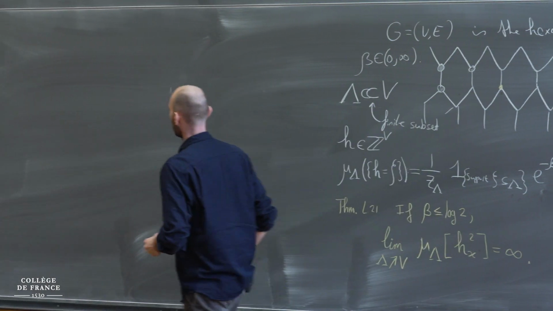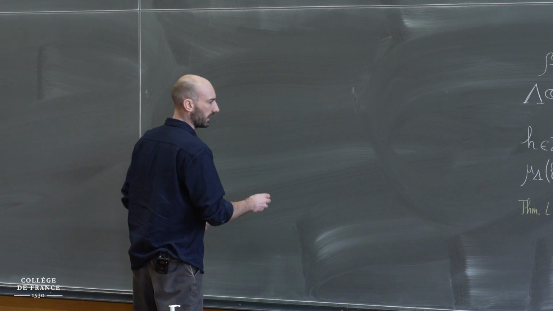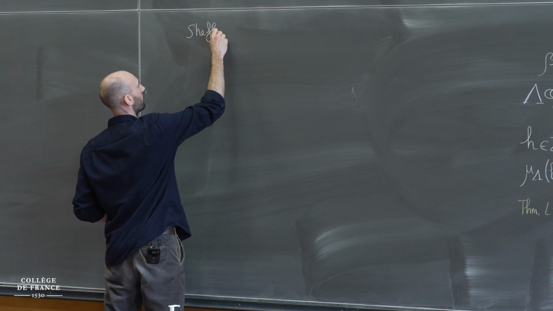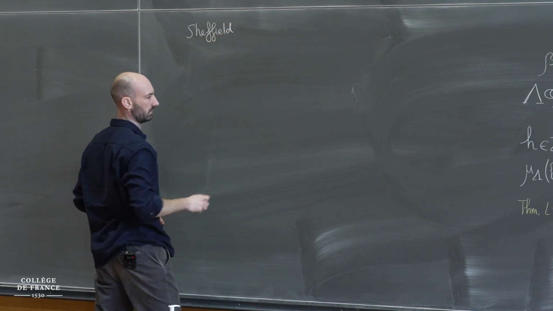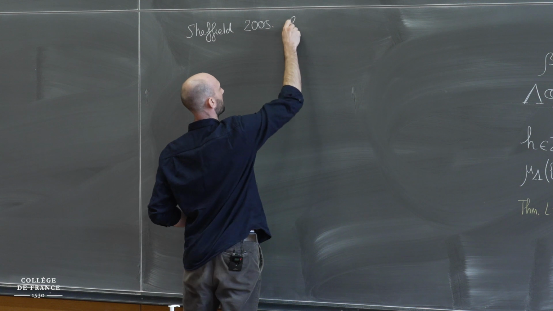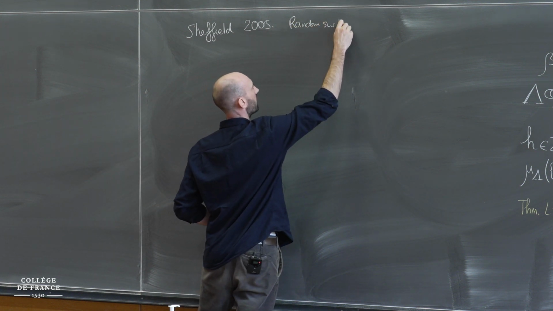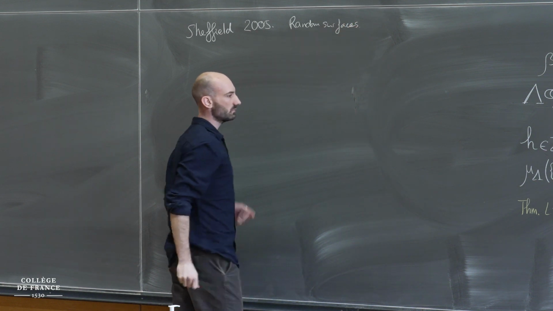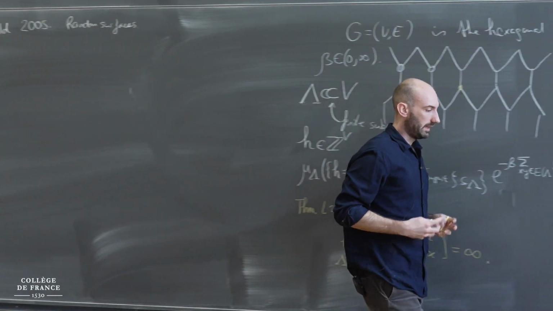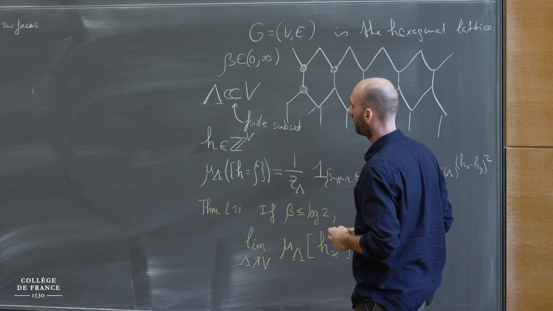So what I want to stress is that in this paper I rely a lot on the results of Sheffield, which is 2005. It's his PhD thesis called Random Surfaces. And in this PhD thesis, he studies height functions, not just in 2 dimensions, but really in any dimension.